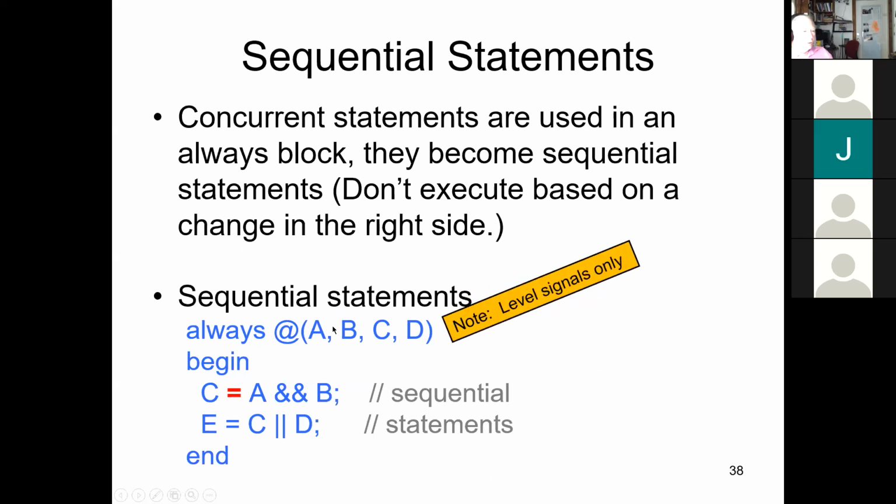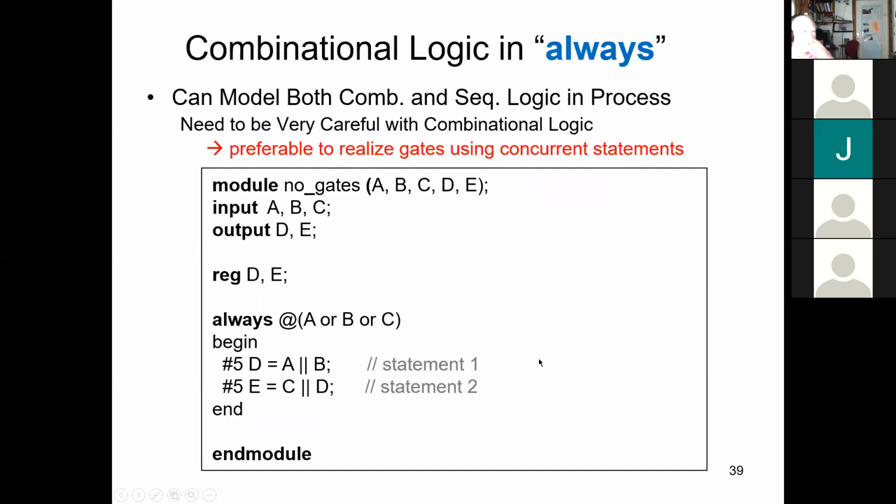Okay, so note, here we have level signals. And again, you can't mix edge signals and level signals. Now that's not necessarily true in some of the other synthesizers for Verilog code.